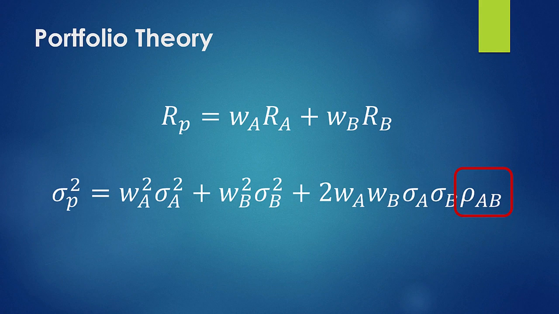coefficient. The correlation coefficient is going to range between 1 and -1. And so 1 is completely positively correlated, and -1 is completely negatively correlated. You're going to look at the expected movement of your assets and determine the correlation coefficient for them.